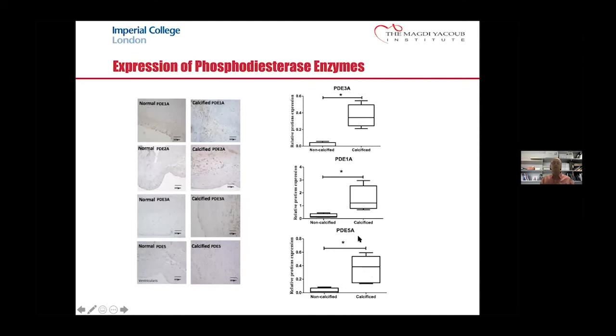So this would have the effect of reducing the bioavailability of NO because you're having more breakdown of its second messenger. And we need to pursue further at what stage this increase in these enzymes occurs, and whether it may be responsible for the reduction in the effect of NO and the progression of the calcifying responses.